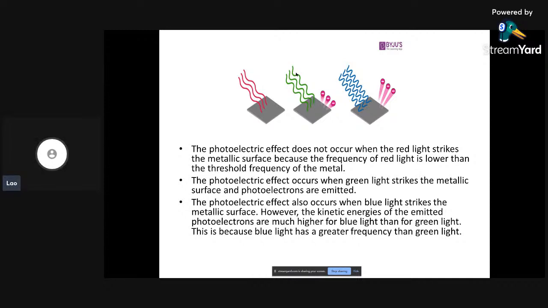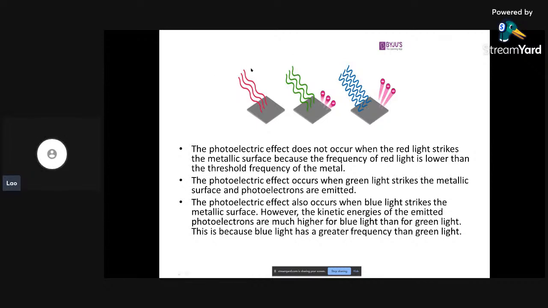Kung i-consider mo, si red ay lower, longer wave. Okay? So, it means pagka longer wave, it means lower frequency.